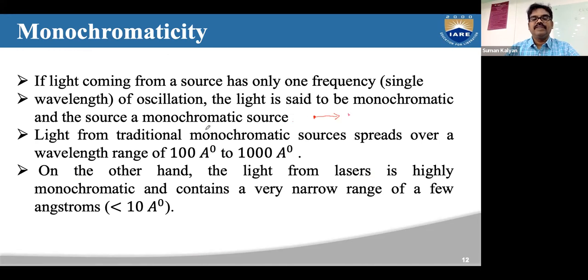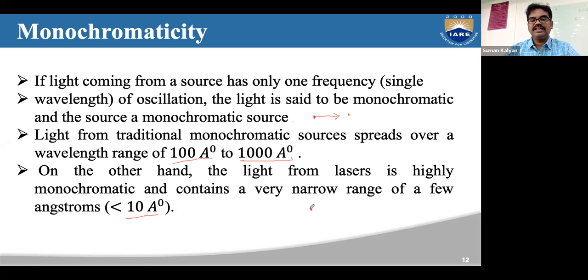However, the light from a traditional monochromatic source spreads over a wavelength range of 100 angstroms to 1000 angstroms. On the other hand, the light from lasers is highly monochromatic and contains a very narrow range of less than 10 angstroms.